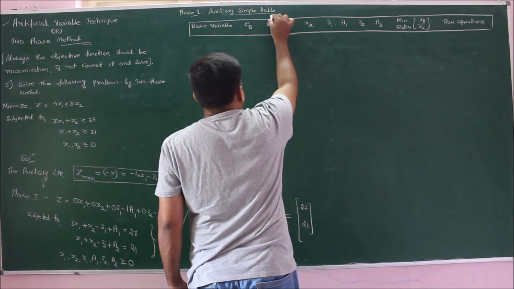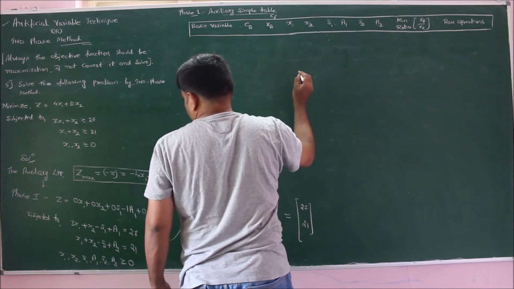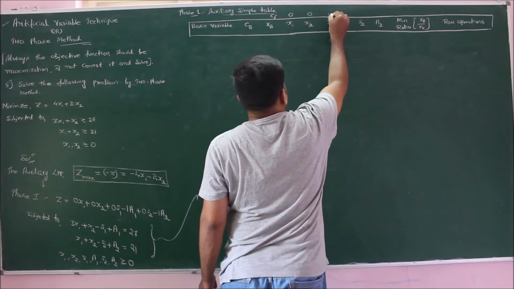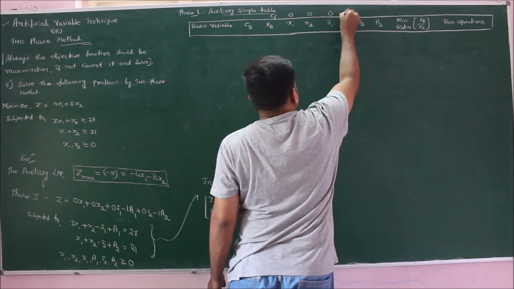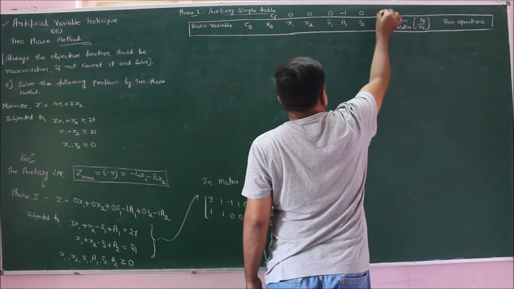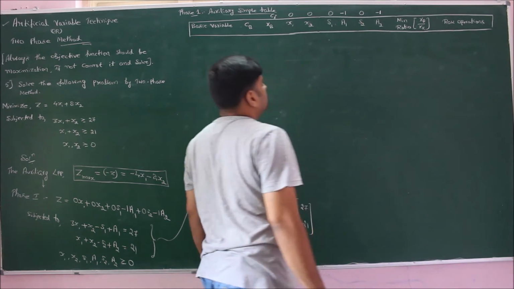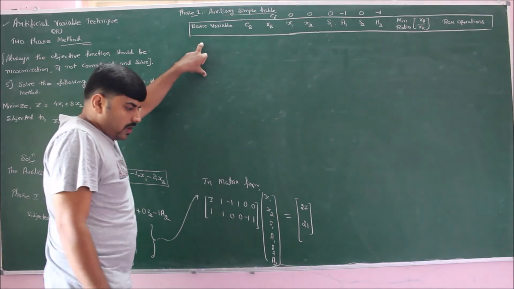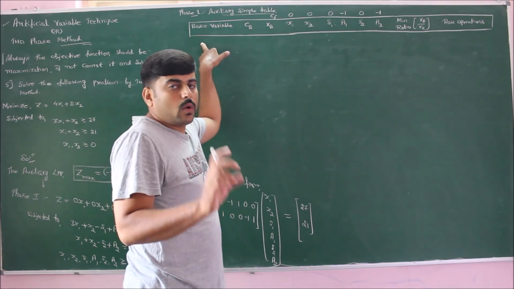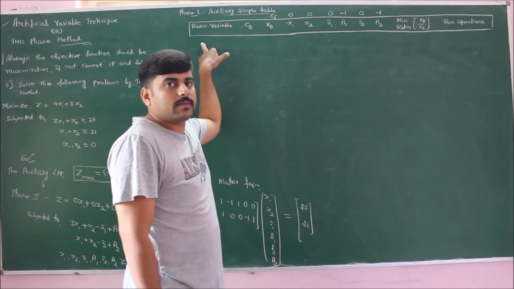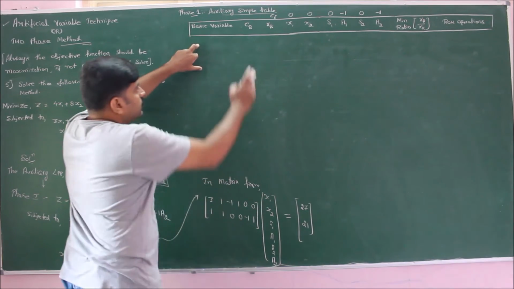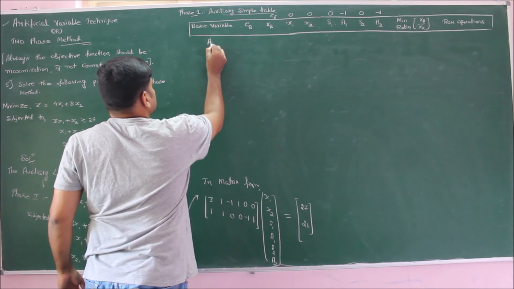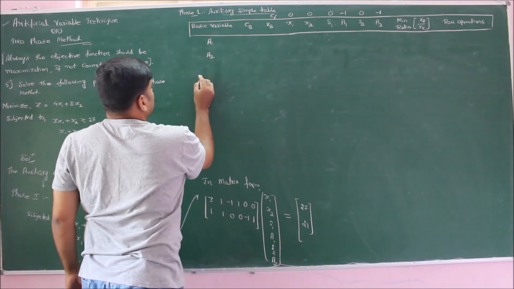Above xb I should write Ci, and the auxiliary coefficients for phase 1 are 0, 0, 0, -1 for the artificial variable, 0 and -1 for the artificial variable. Now the basic variables are always slack and artificial only. We should not use the surplus variable as a basic variable. So therefore we don't have any slack variables. We have artificial variables A1 and A2.